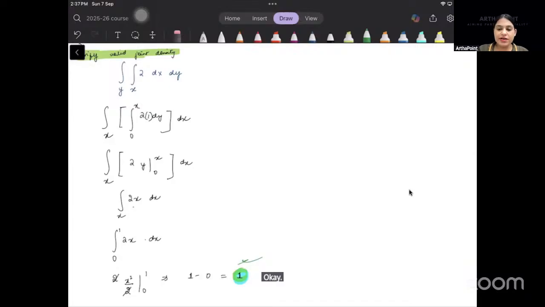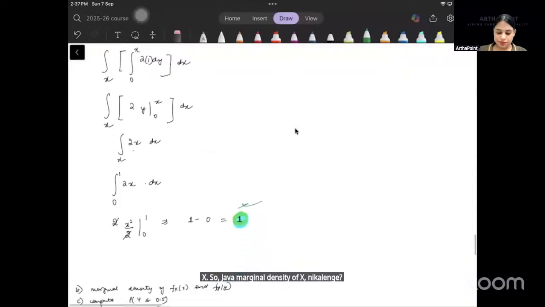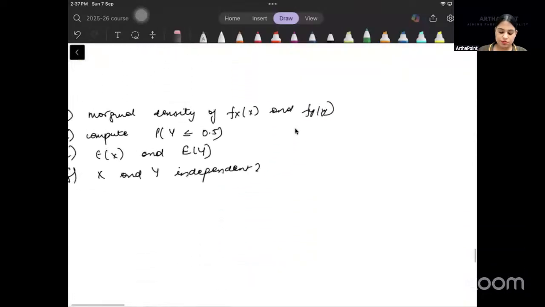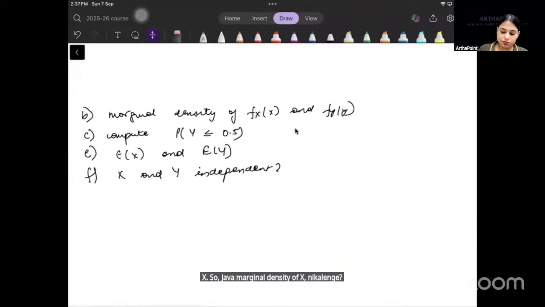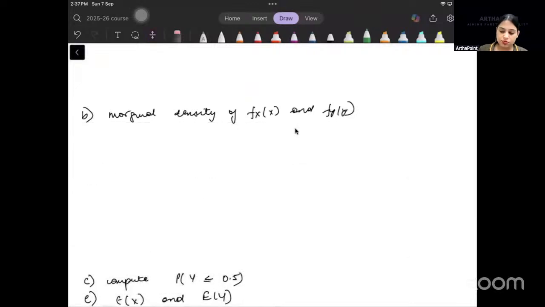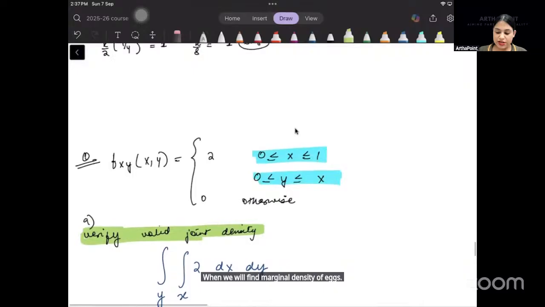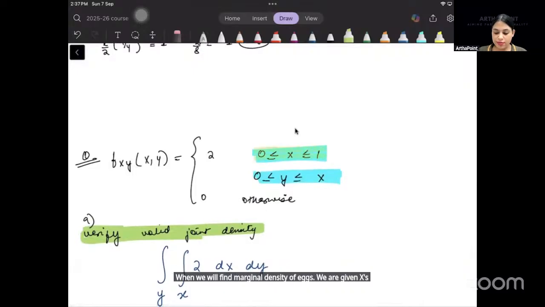So in order to find marginal density of x, beta, it should be a function of x, right? It should be a function of x. So when we find marginal density of x, we are given x is between 0 to 1.